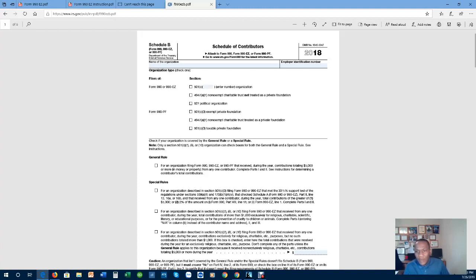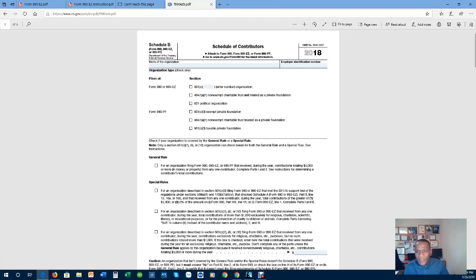If you are an organization that falls under section 4947(a)(1), non-exempt charitable trust not treated as a private foundation. If you are an organization that falls under Section 527, political organizations, you will check that.